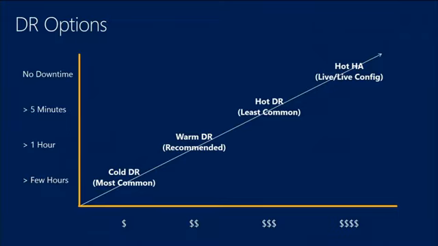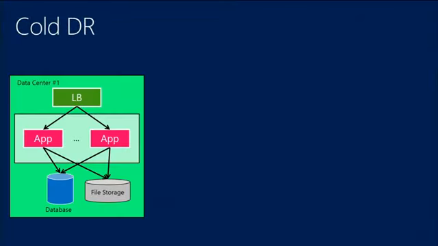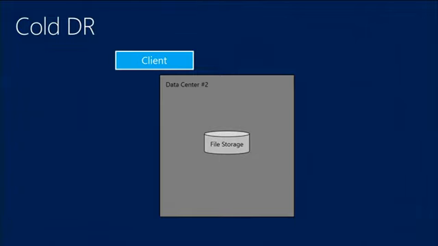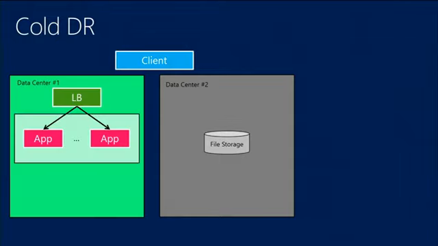This has cost impacts. So let's see. In theory, what we need for a cold DR is a data center. This can be anything. And we have our second data center, which only has some file storage. What we do is just what we always do: do some backups into the file storage. And if for some reason that thing goes down, I can basically put the package there.